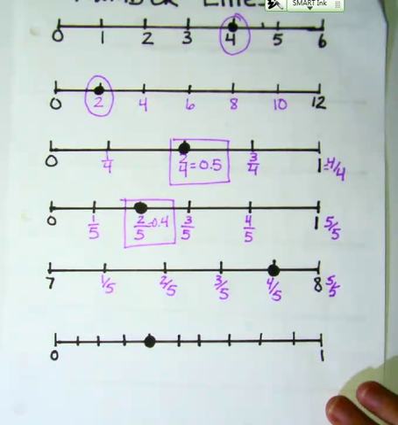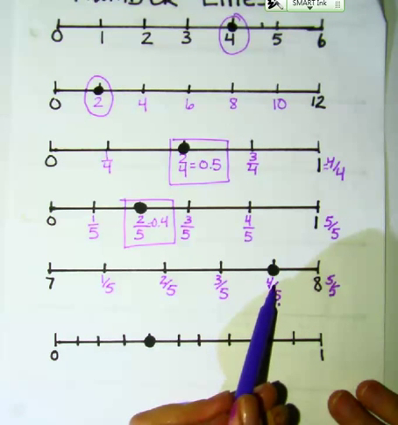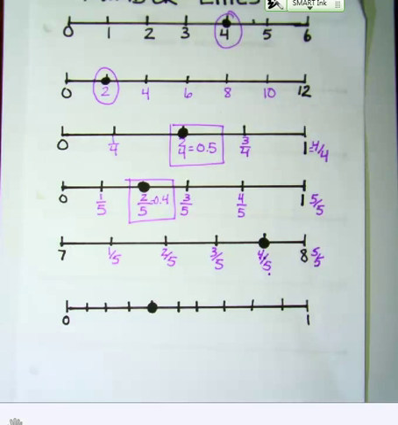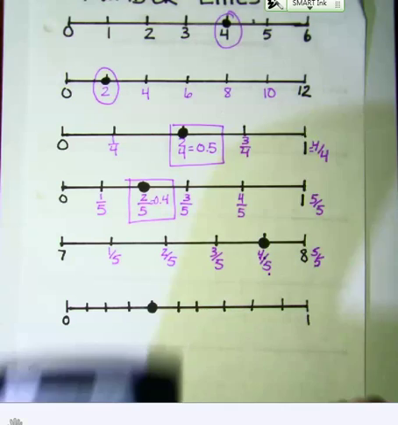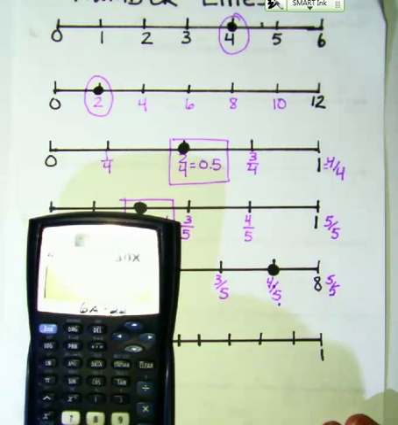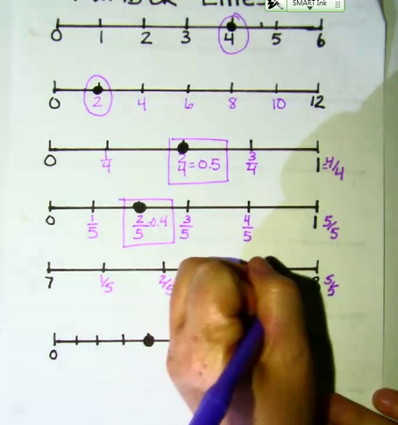Now here's where this one gets tricky. 4/5 is the location of my dot. So if I put 4 divided by 5 in my calculator, I don't think you can see that, but 4 divided by 5 is 0.8.